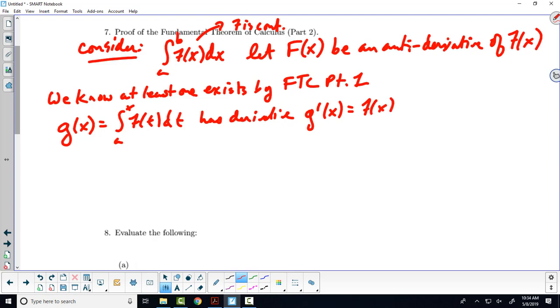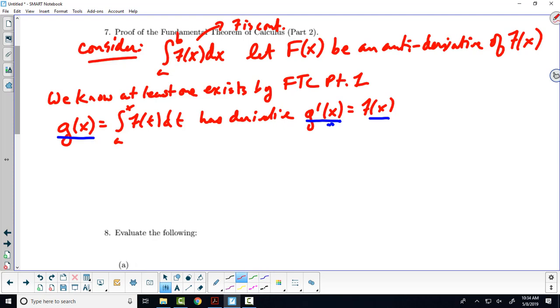So if the derivative of g is f of x, then what's an antiderivative of f? An antiderivative of f would be the same thing as an antiderivative of g prime, and what is the antiderivative of g prime? G. So that is one antiderivative of f. So we know at least one antiderivative of f exists.